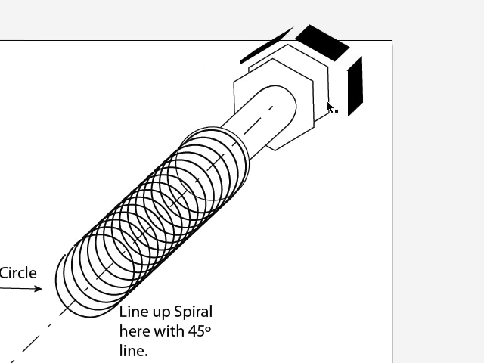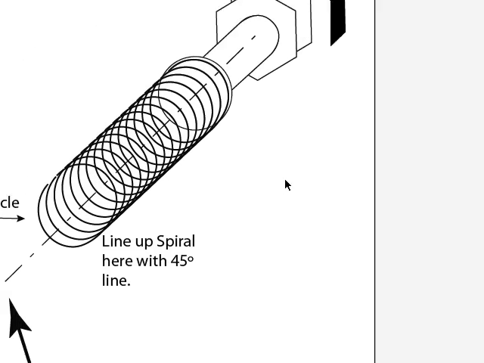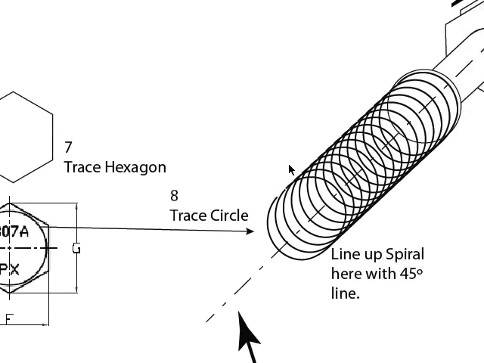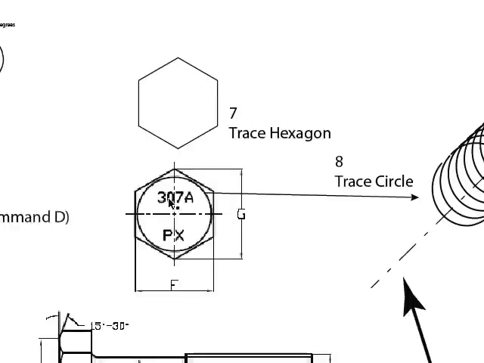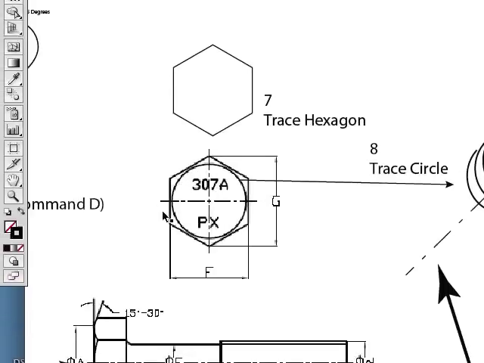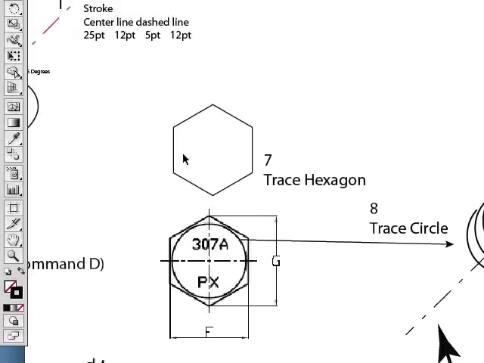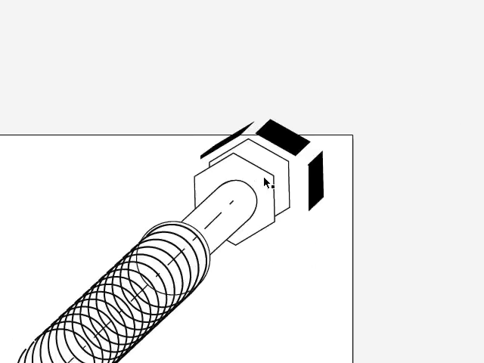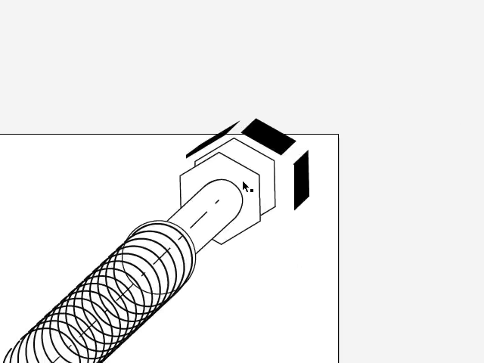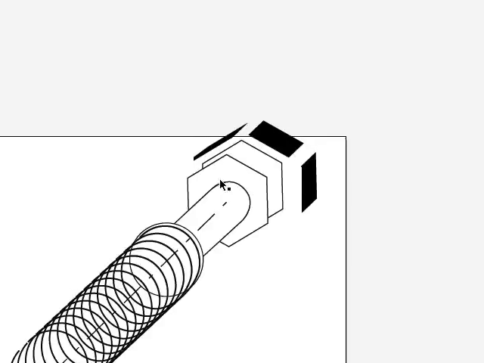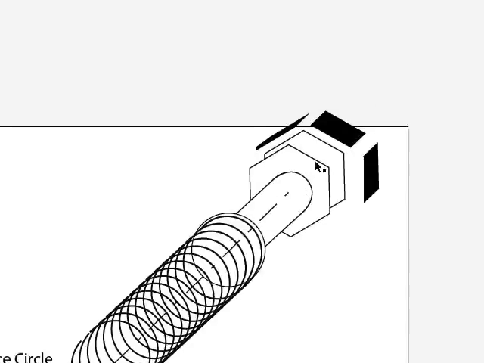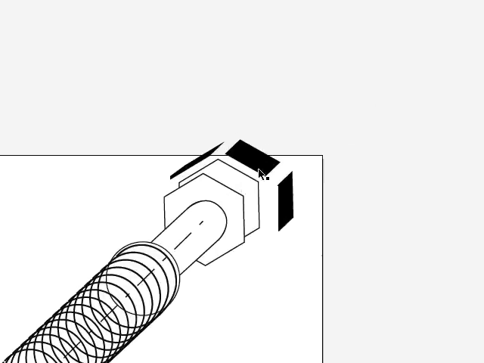If I put white fill on that, you would not be able to see this through here. Now the next thing I did was copy this hexagon shape and make a hexagon. I then duplicated it by holding down the Option key, getting 2 copies over here.